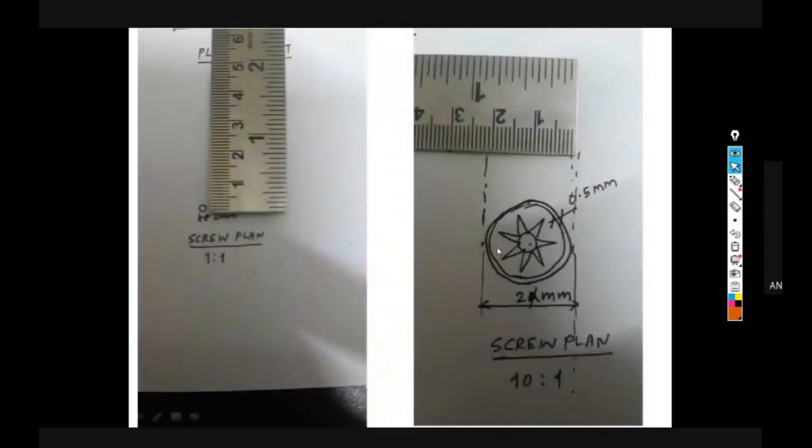Now the question is, do you know screws are there in mechanical industries or machineries? We have screws of 1 mm or 2 mm. If I draw the screw at 1:1 scale, it is very small. Actually, this is drawn to scale. Can you see this? Diameter is 2 mm. But there is a star also in this real screw. I cannot actually draw it properly because the dimension is so small.